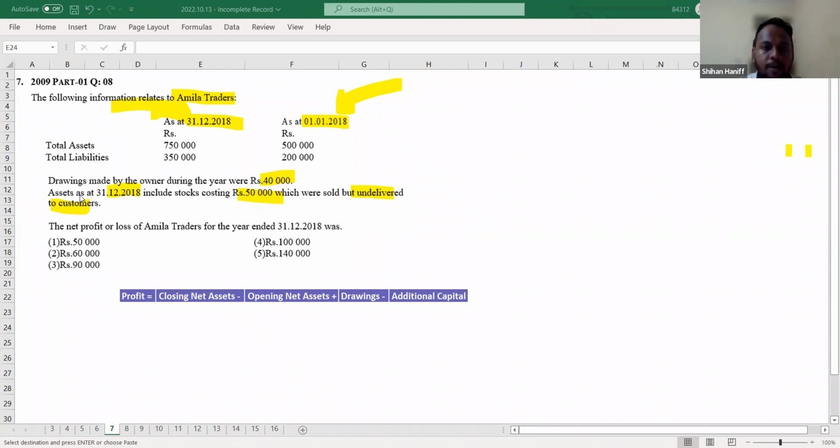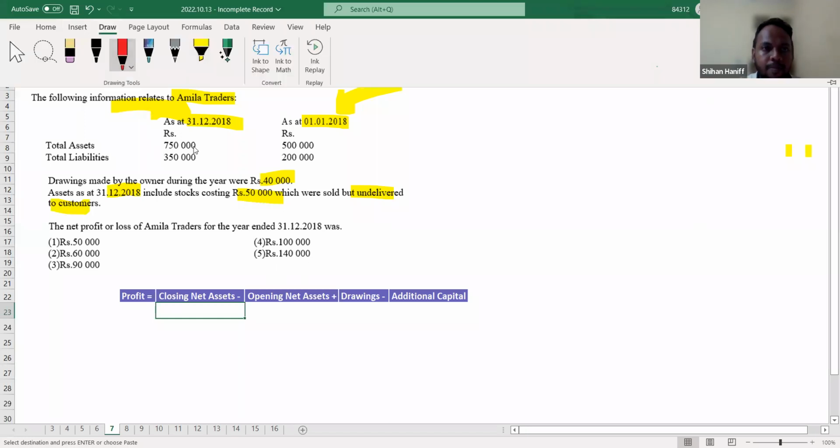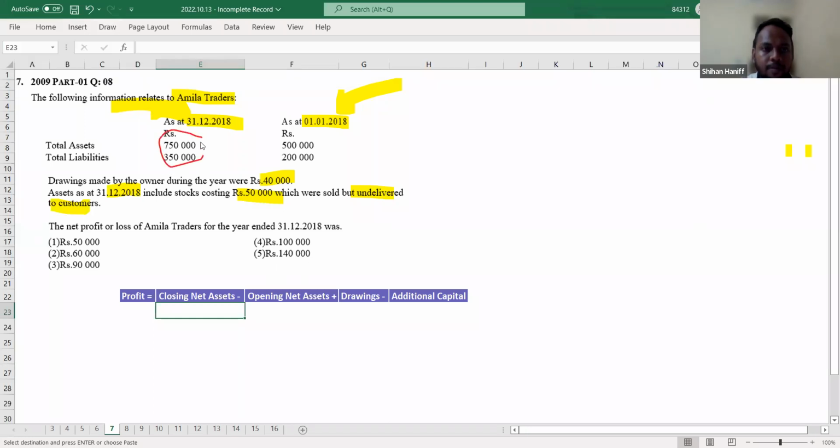500 minus 200. Closing net asset means this closing. This is opening. Closing 700. We can't take 50,000 because it's already sold.